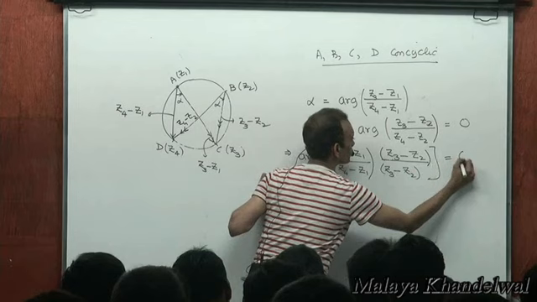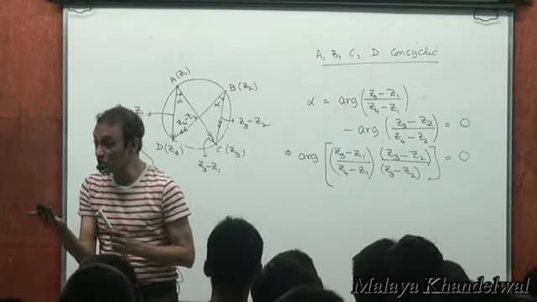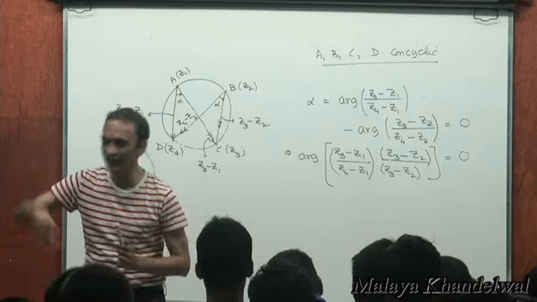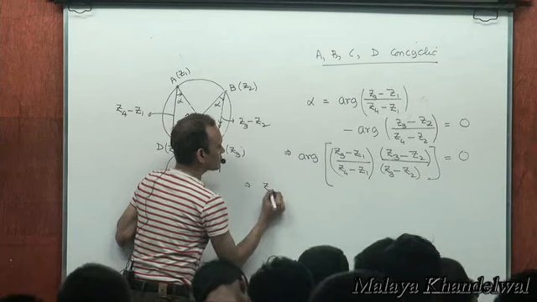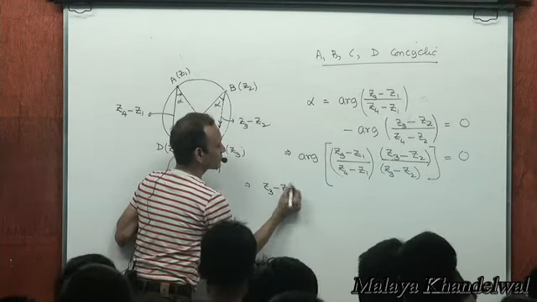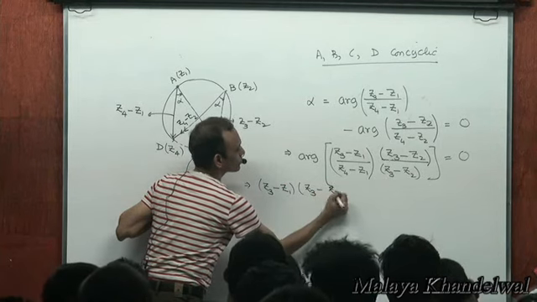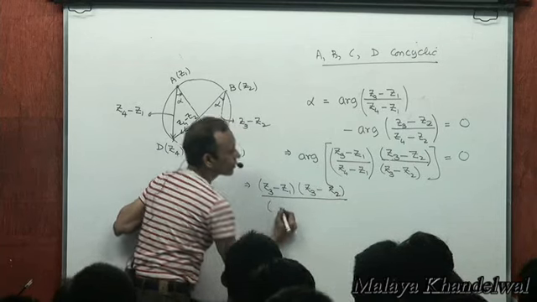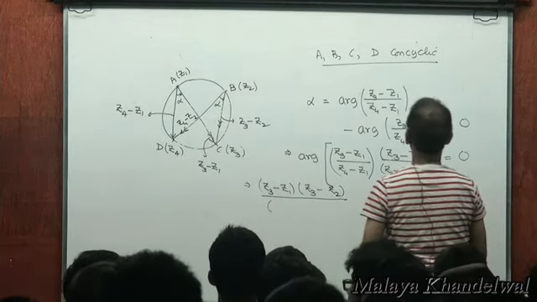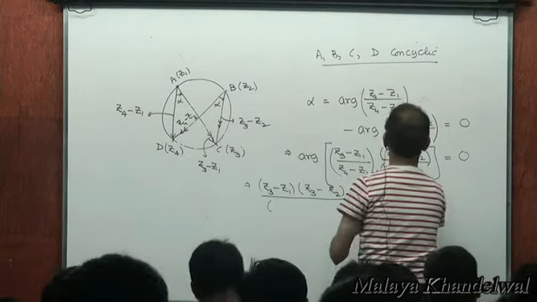Must be 0. If the argument of a complex number is 0, it must be purely real. It must be purely real. That means Z3 minus Z1 into Z3 minus Z2, over Z4 minus Z2.